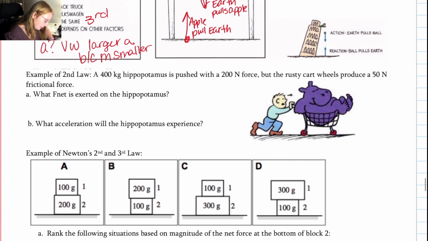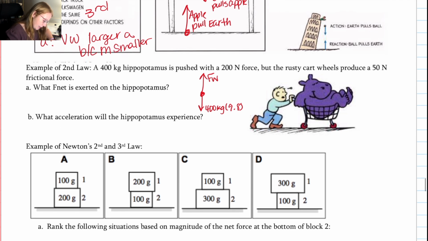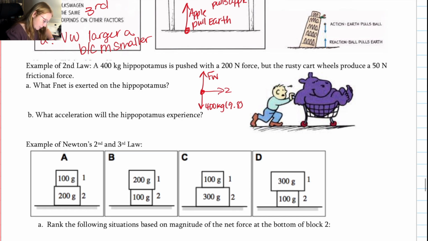All right, here's a second law example. So we have a 400 kilogram hippopotamus. And it should experience a normal force. It is pushed with a 200 Newton force by the guy. So I'm going to put it going to the right. The rusty cartwheels produce a 50 Newton friction force. So that's in the opposite direction.